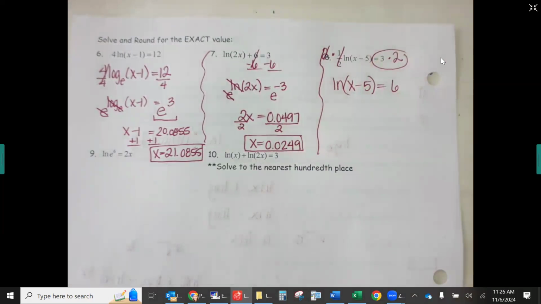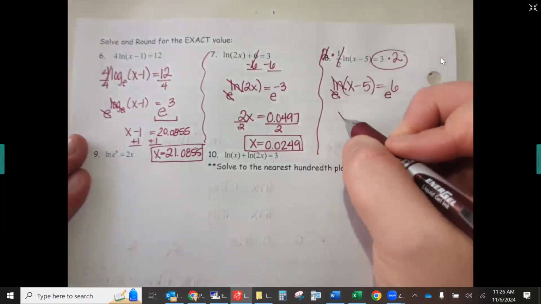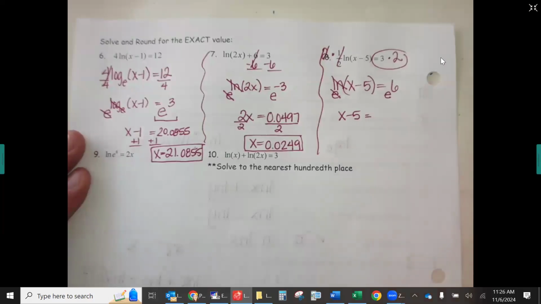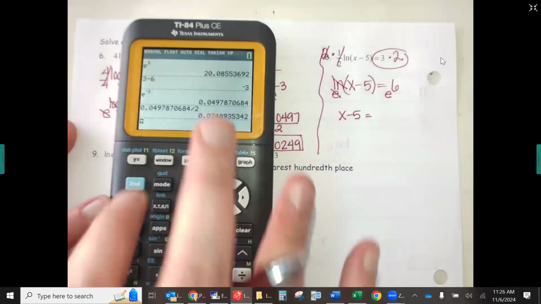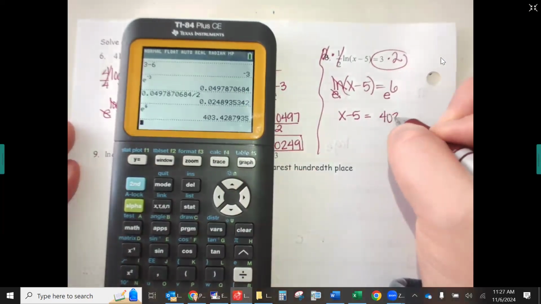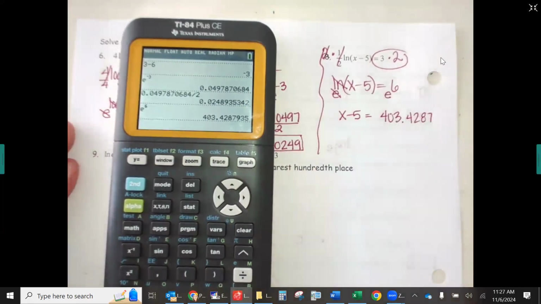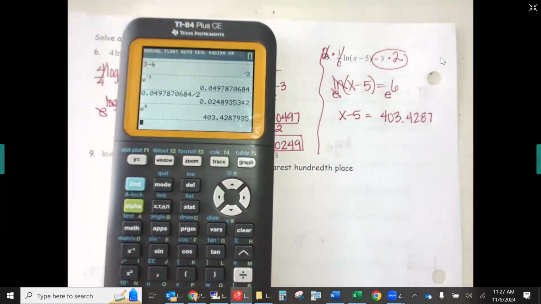Okay, then in your head, you remember that an ln is a log little e. How do I undo a log little e? Big E on both sides. So in your calculator, x minus 5 equals whatever e to the 6 is. This is going to be a bigger number. Okay, e to the 6 is 403.4287. And remember, we're going to keep this decimal long until the very end.